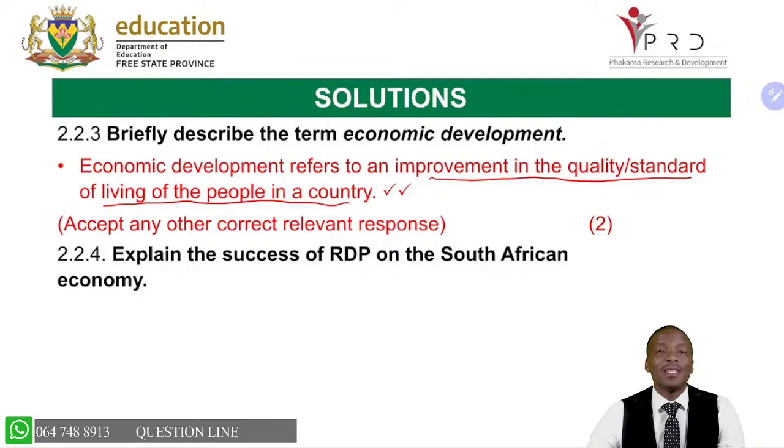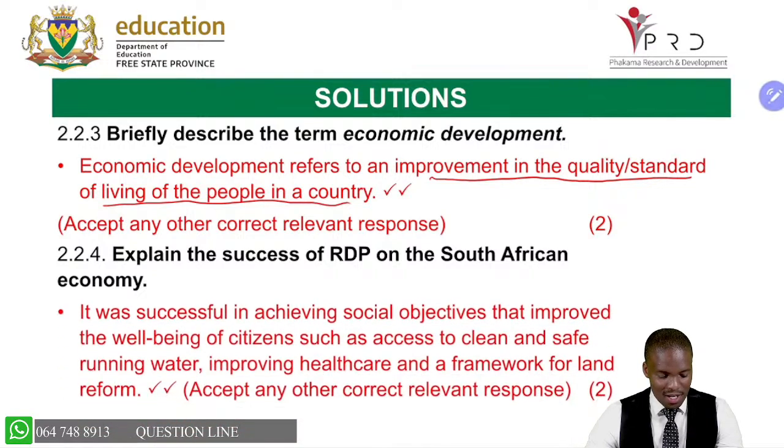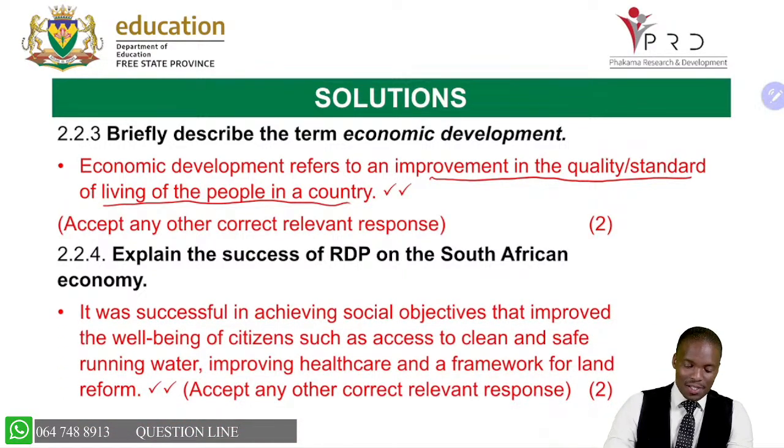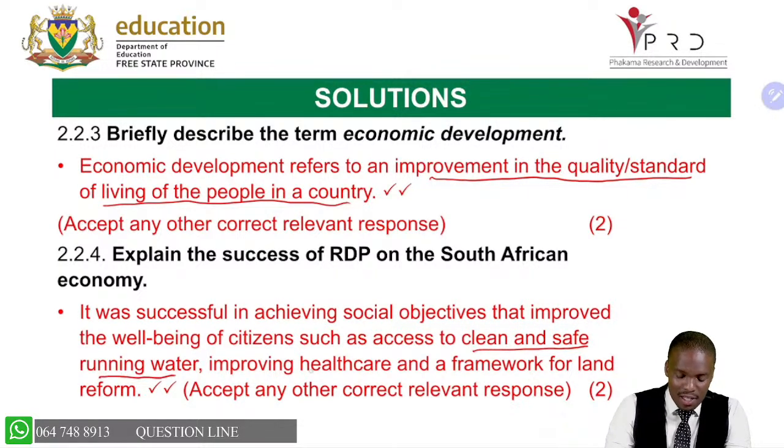Then it says, explain the successes of the Reconstruction and Development Program on the South African economy. You could tell me that it was successful or achieved its objectives because people have got access to clean and safe running water, there's an improvement in healthcare, and the issue of land was addressed.